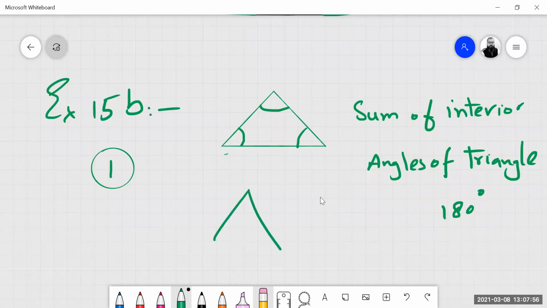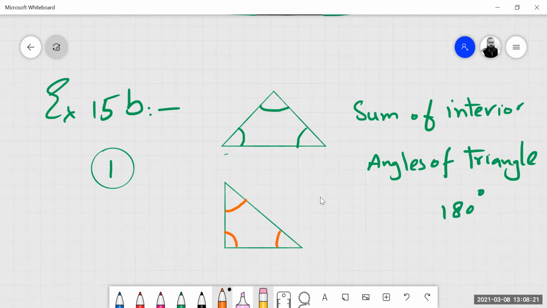For example, if it is a triangle, what will be the sum of the interior angles of this triangle? 180. This is also a triangle, and this is also a triangle.